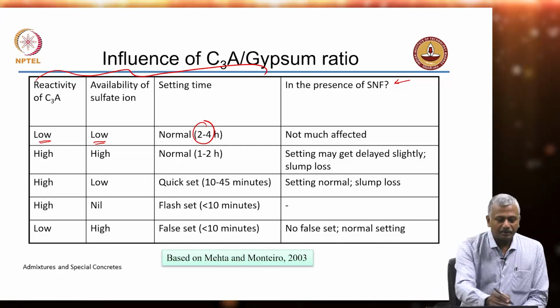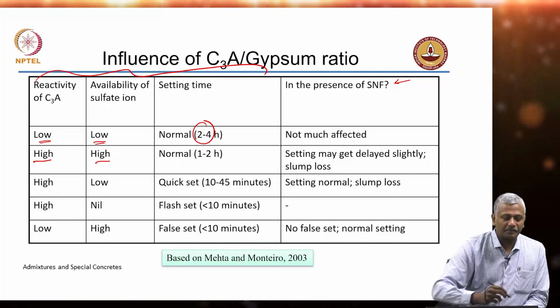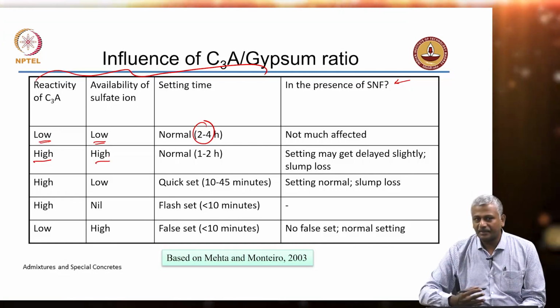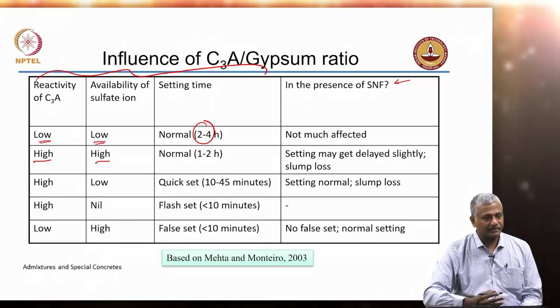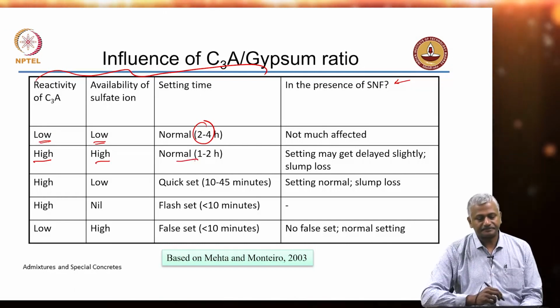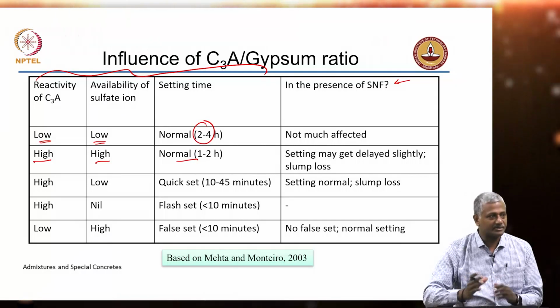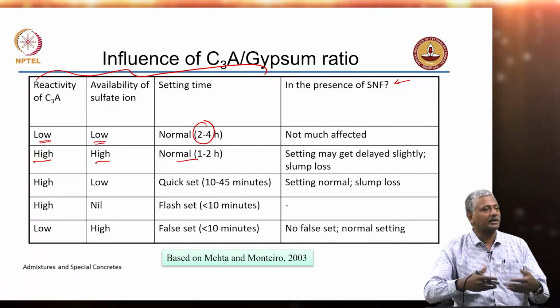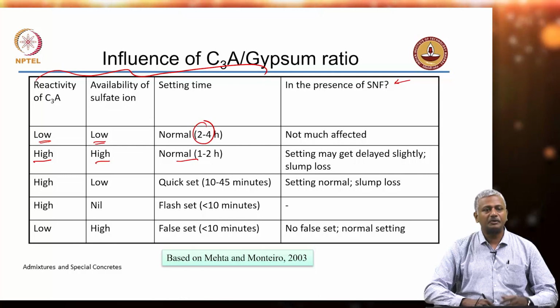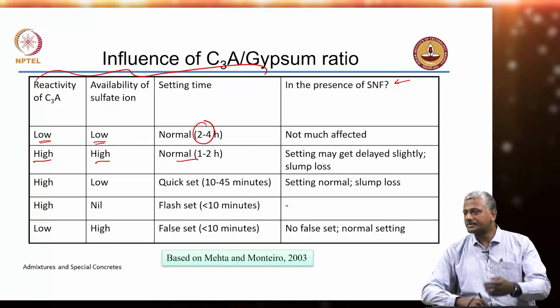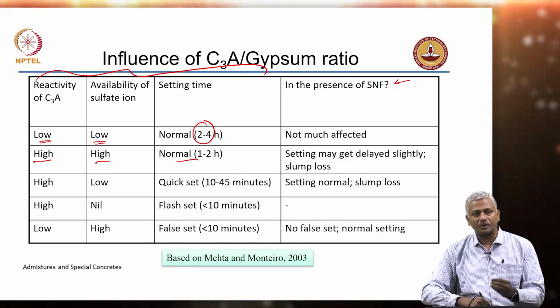When both are high, that means C3A is very reactive and sulfate is also available very fast, you get a normal set. But then the normal set here is 1 to 2 hours, it is less than the previous one, because your initial reactions between the sulfate and the aluminate to form sulfo-aluminates like ettringite happen quickly.